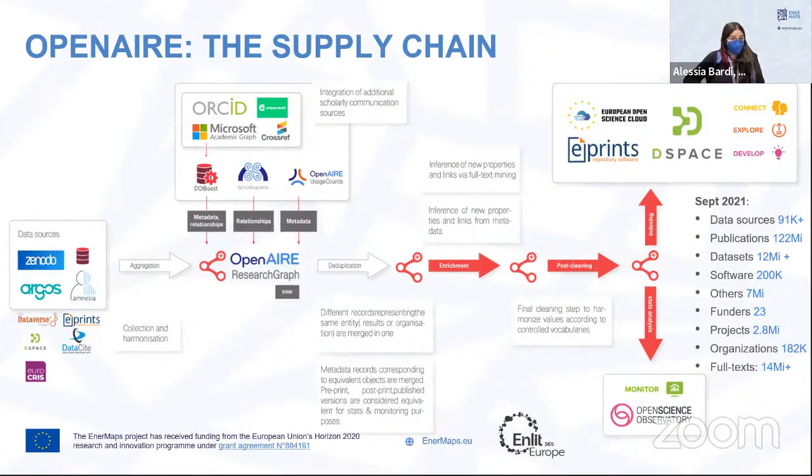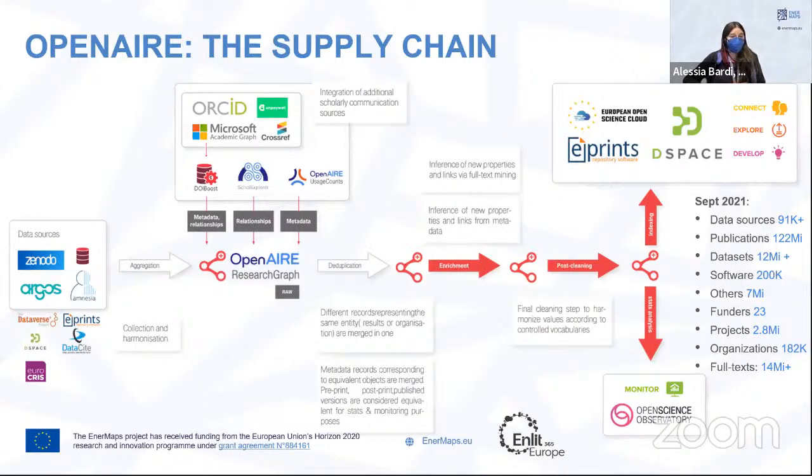We also apply enrichment algorithms. We run them on the metadata, but also on the full text of open access publications. And the goal is to enrich the graph with information like links and properties that are not explicitly available in the metadata, but that can be mined from the full text and derived from other information.